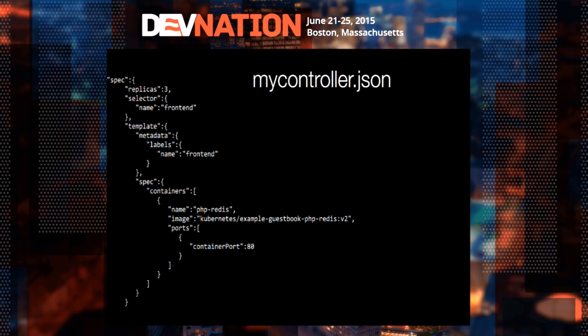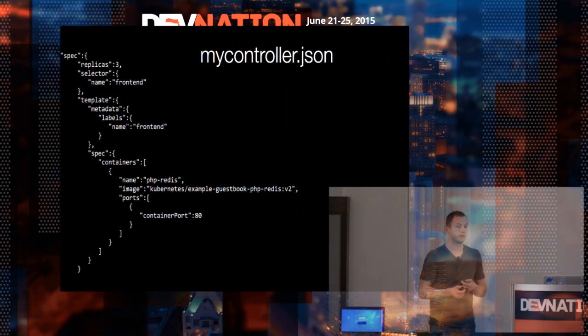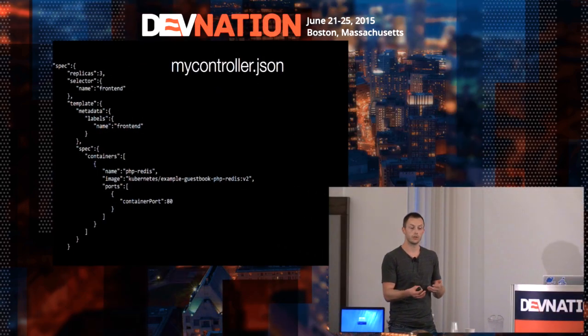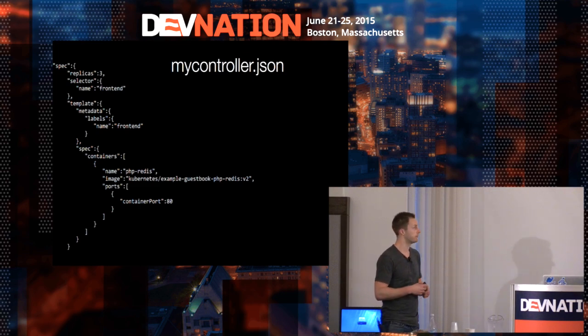Then there are all kinds of labels that we have. We will not go into that very deeply, but labels are used all over the place in Kubernetes to link the different concepts like replication controllers and pods together so that they know about each other and know that they belong to each other.